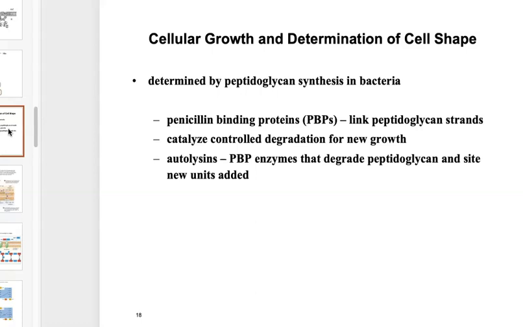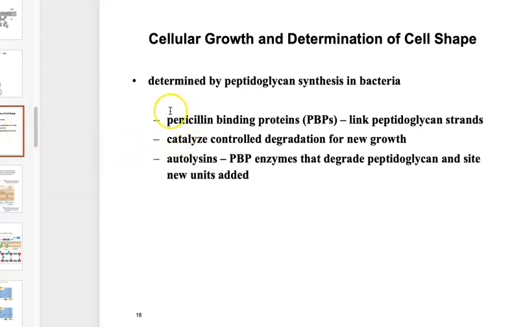As a result, penicillin can block cell wall synthesis and weaken cells and kill them. They're called penicillin binding proteins because they happen to bind penicillin, but it's hard to believe that was their evolutionary origin. Their goal is to form strong peptidoglycan bonds.